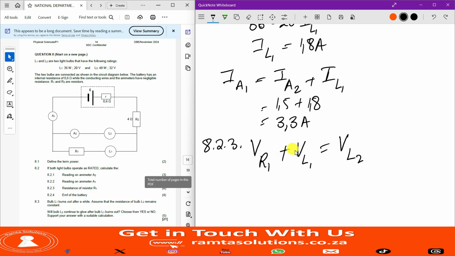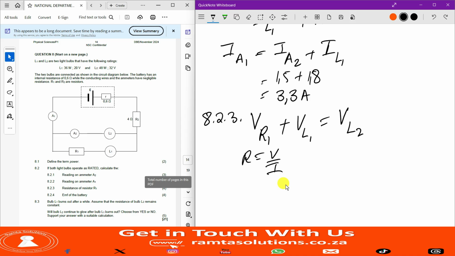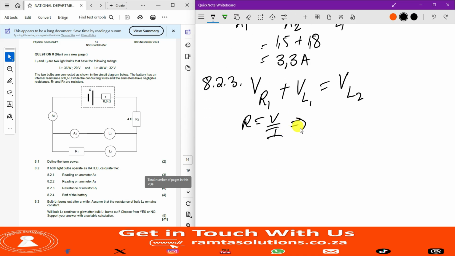So we know R equals V over I, therefore V equals RI.